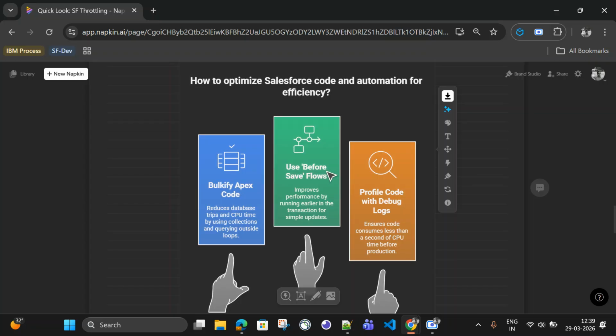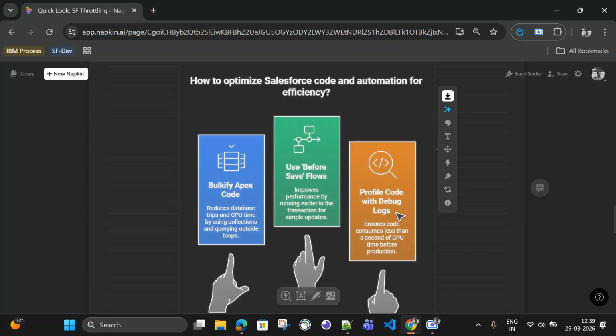Then we should always focus on using before-save flows. Nowadays we are not using process builders; earlier it was process builder, now we should be using flows. And at times, if there is very complex logic, it is better to go for Apex, because low code is always good, but when it comes to very complex operations, Apex is preferred.